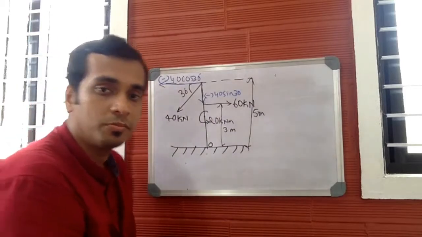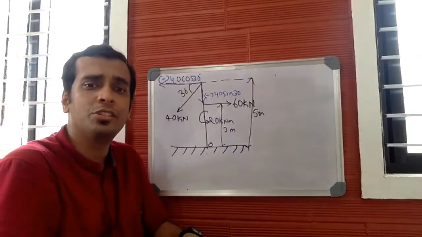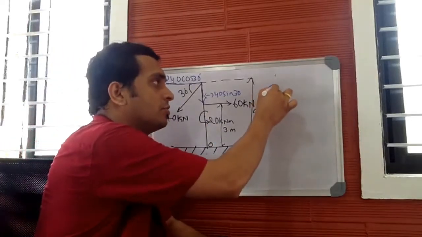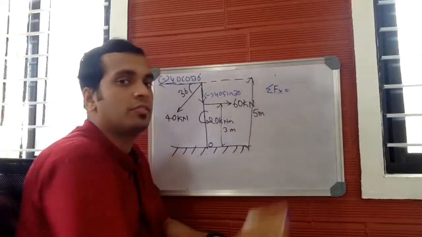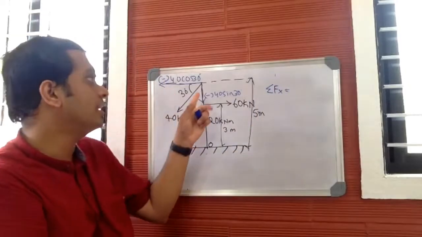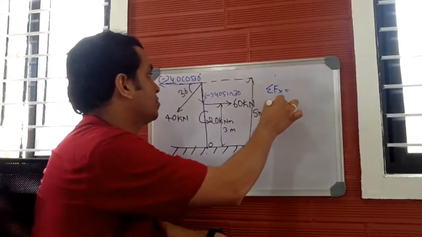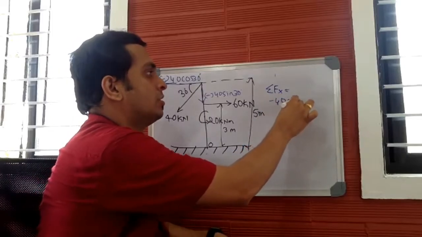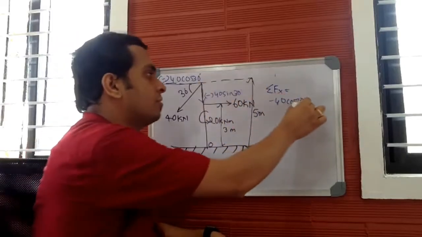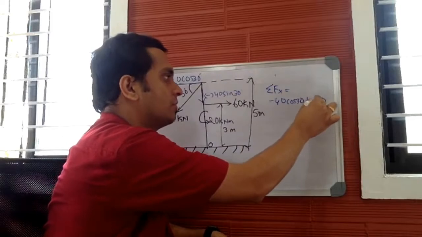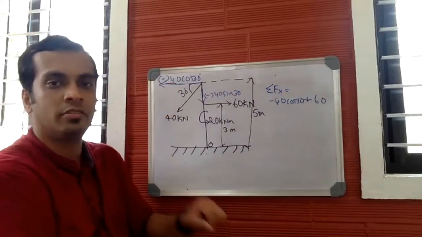What is step number 2? Step number 2 is to find the summation of all the forces moving along the x direction. We have minus 40 cos 30, and you consider the direction, plus 60. This is summation of fx.